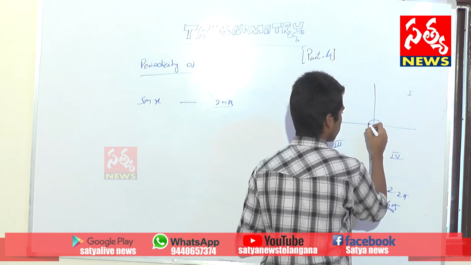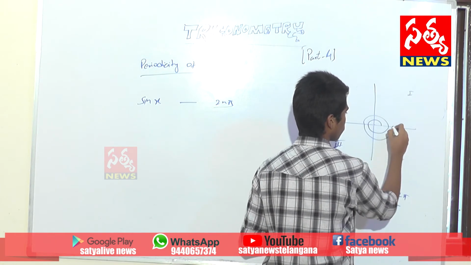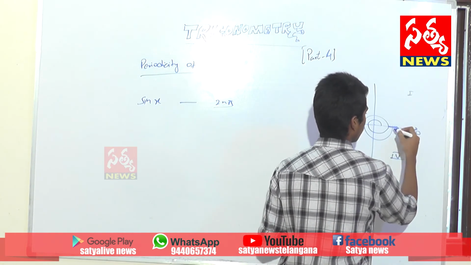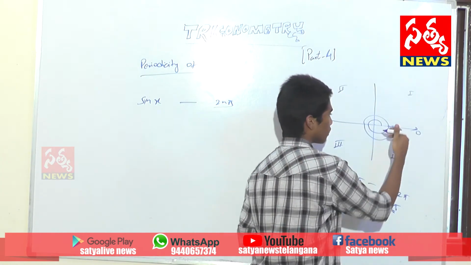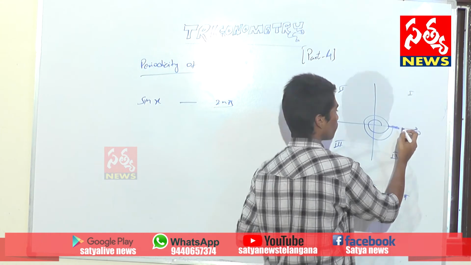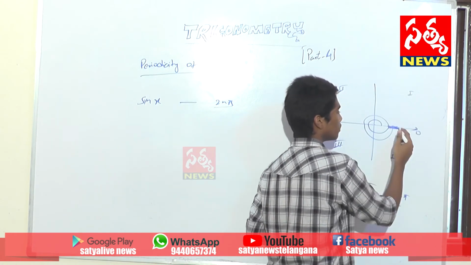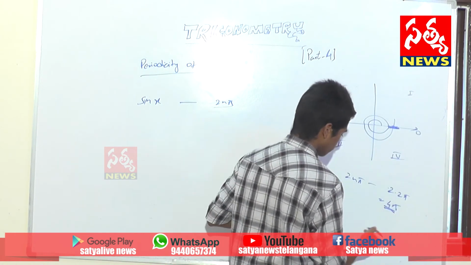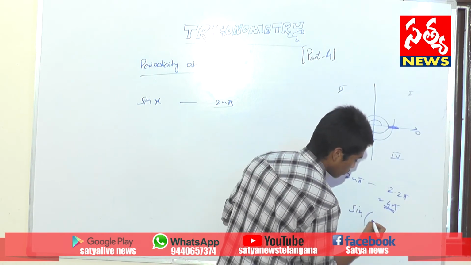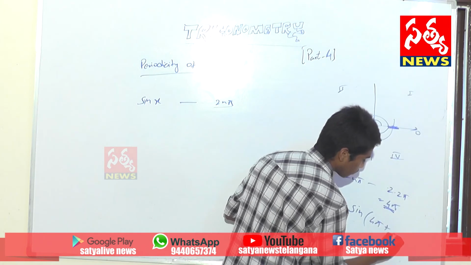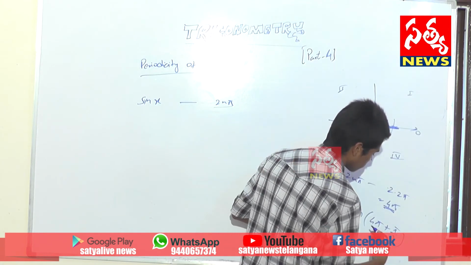4 pi means 1, 2, 3, 4, and we are now at 0. After 2 pi or 2n pi angles, sine will have the same value for the extra angle. I will give an example. Sine of 4 pi plus pi by 3.